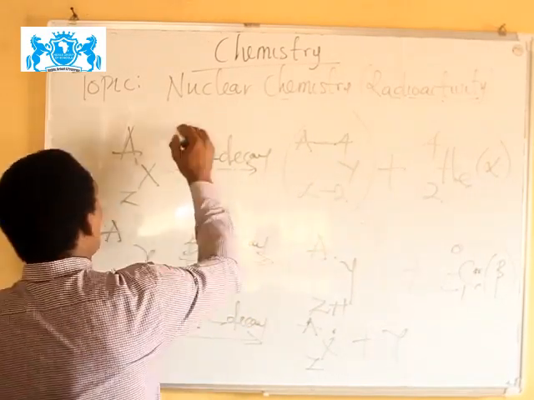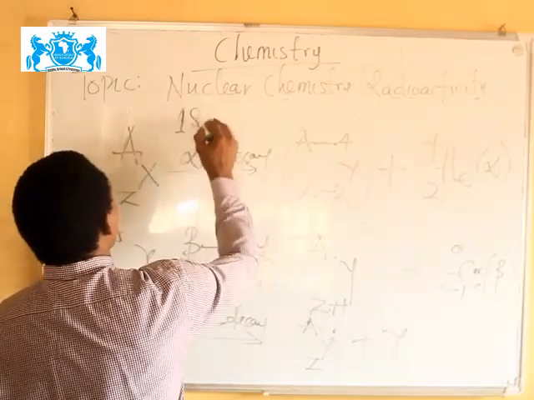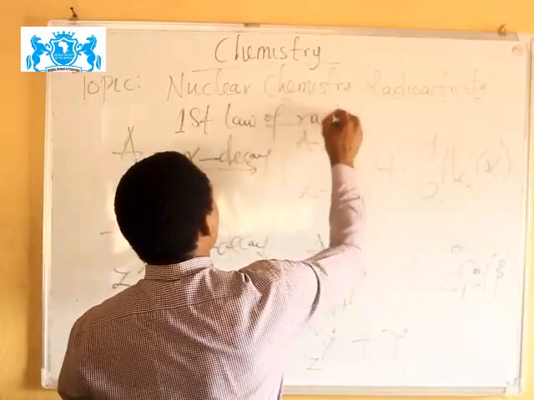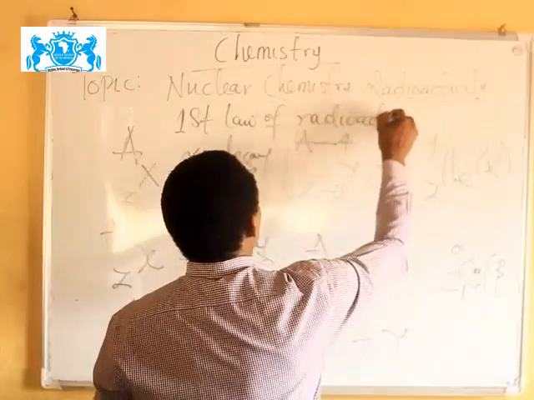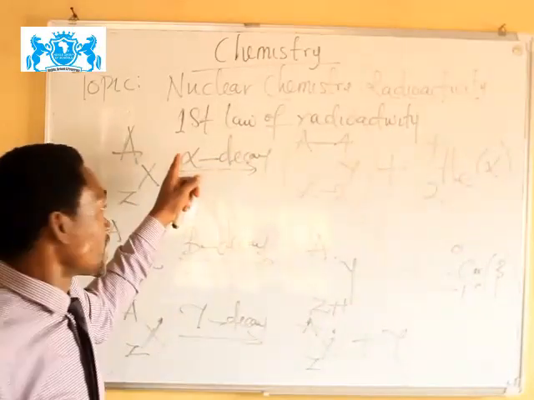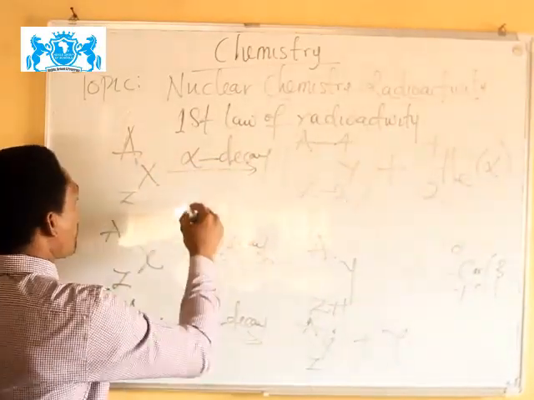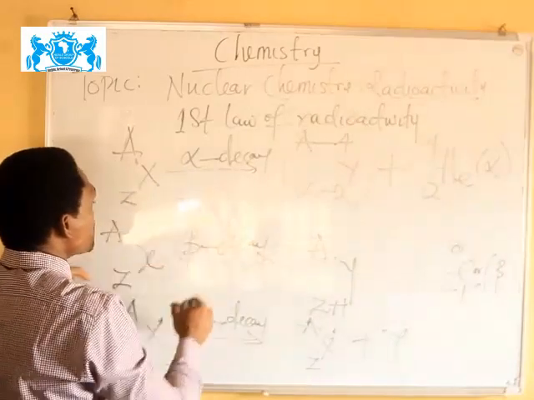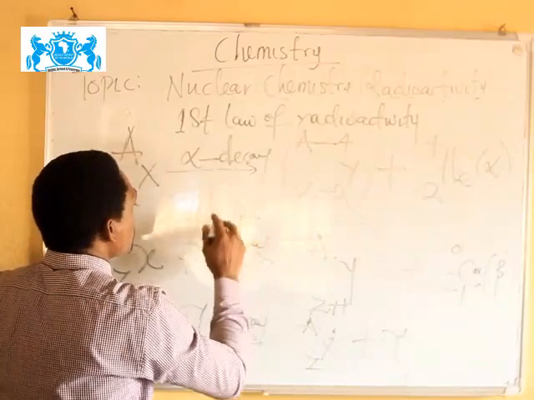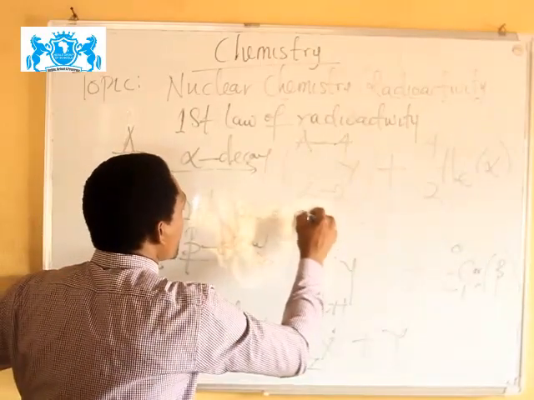So alpha decay will help us to imply the first law of radioactivity, and beta decay will help us to imply the second law of radioactivity.